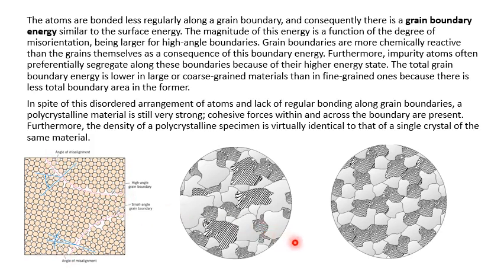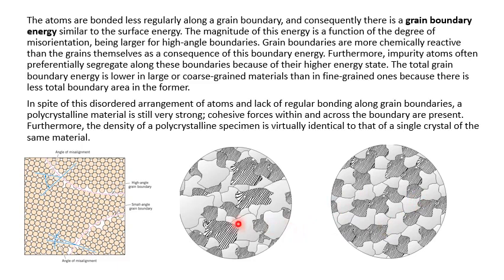Now, if we compare the area of the grain boundaries, not the area of the grains, for the same material with two different grain sizes, this one with the large grain size and this one with the small grain size, the grain boundary area for the material with large grain size is smaller than the grain boundary area for the material with the smaller grain size.